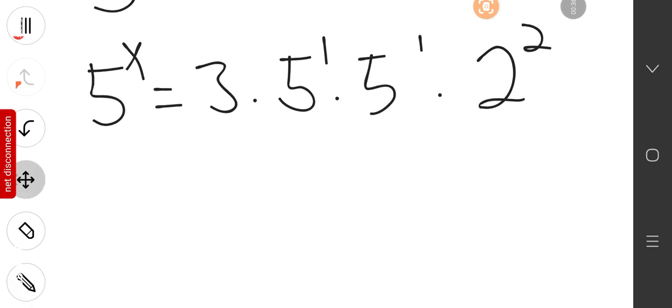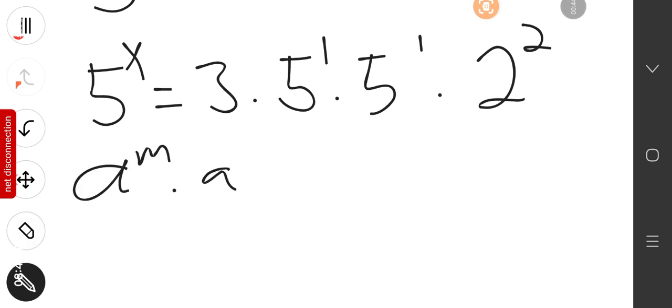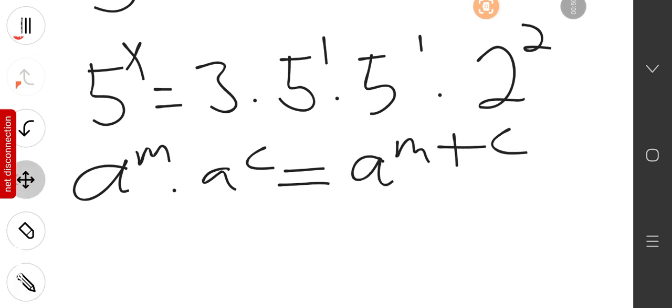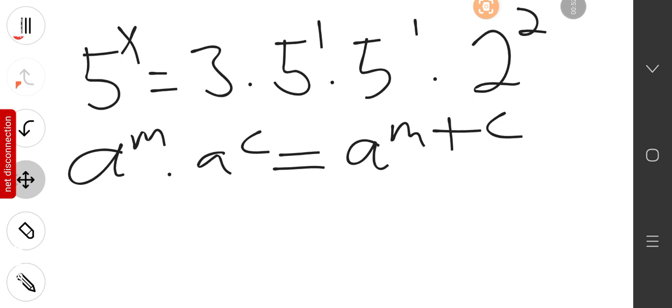All right, now let's apply the first law of indices here, okay? It states that if you have a exponent m multiplying a exponent c, this equals a exponent m plus c. Okay, so when you have two bases multiplying, and the bases are the same, we write just one of the base and we add all the exponents, okay?